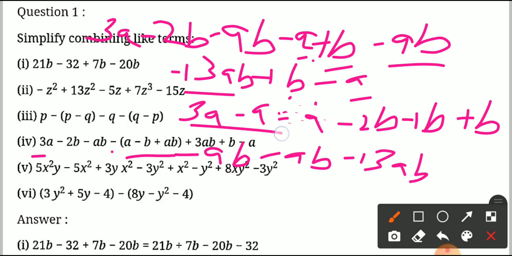Have you written all? 3, 3, 6 and 3, 9. See, we have 9: 1, 2, 3, 4, 5, 6, 7, 8, 9. Yes, we have 9 terms.